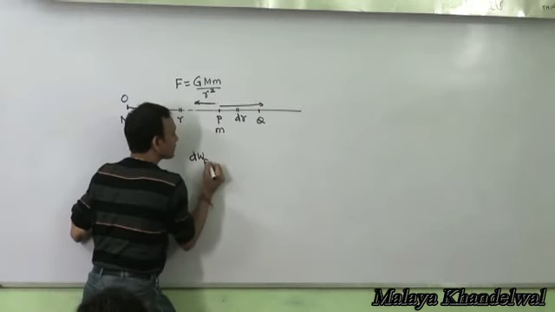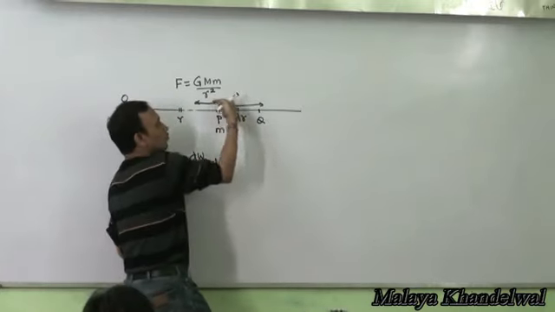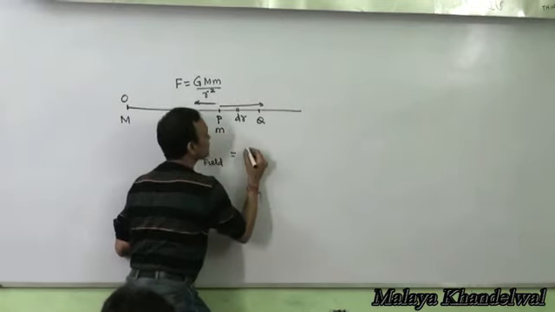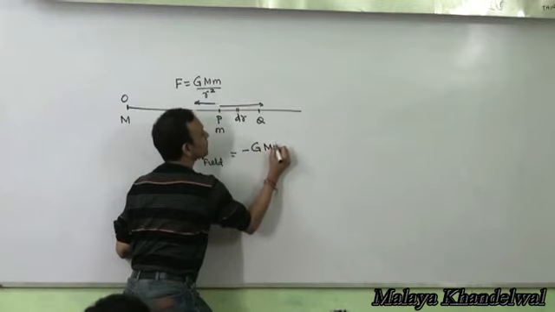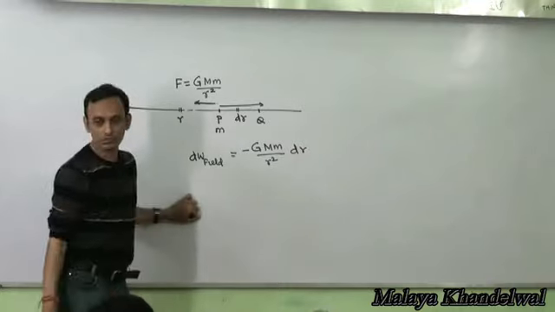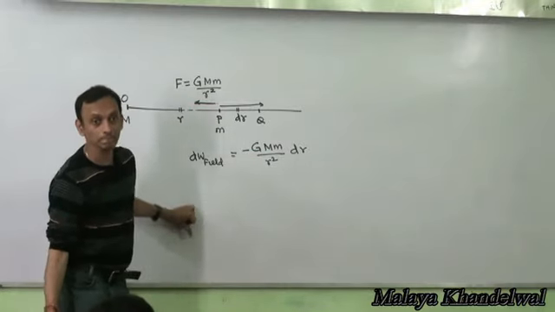The force is leftwards, the displacement is dr rightwards, right? The work done by the force then is going to be GMm by r squared into dr. That's the work done by the field, right?